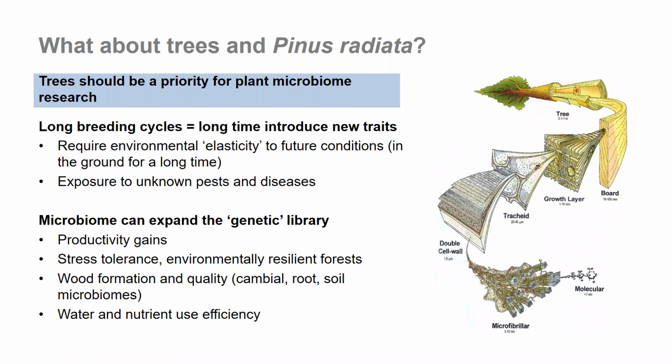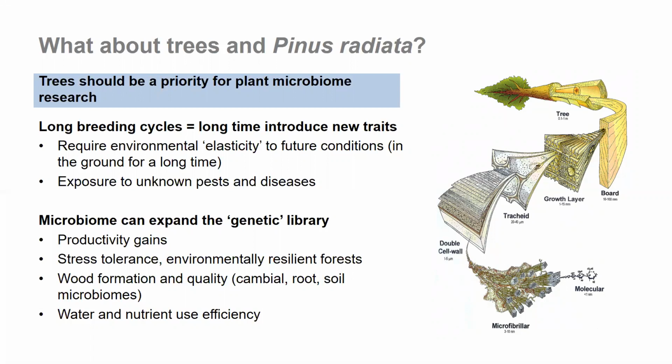Because they're in the environment for a long time, once you plant them, they're staying there. Trees also require a large degree of environmental elasticity to future conditions. The conditions that we plant them in today are probably going to be quite different in 20 to 30 years' time. And this is not just the biophysical conditions of the environment, but things like diseases and pests, and maybe the way that we manage forests as well.